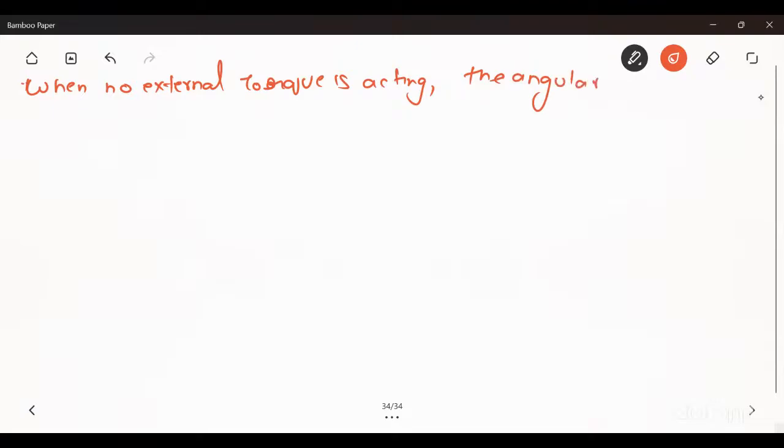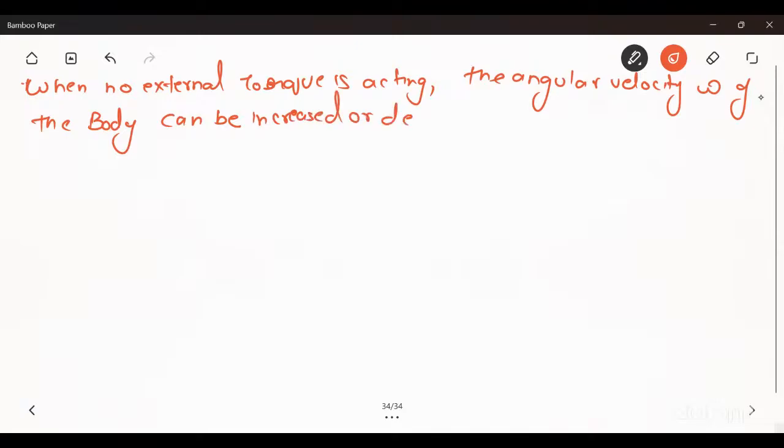That is the important relation of conservation of angular momentum. What it means is that when no external torque is acting, the angular velocity omega of the body can be increased or decreased by decreasing or increasing the moment of inertia.